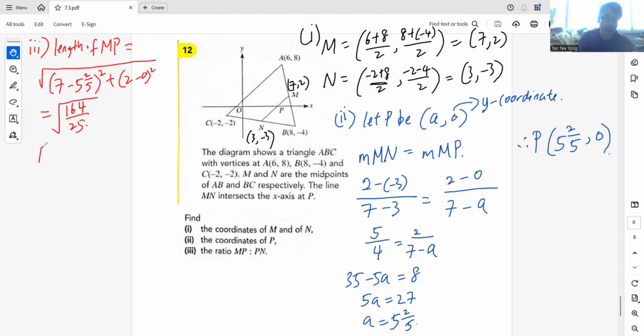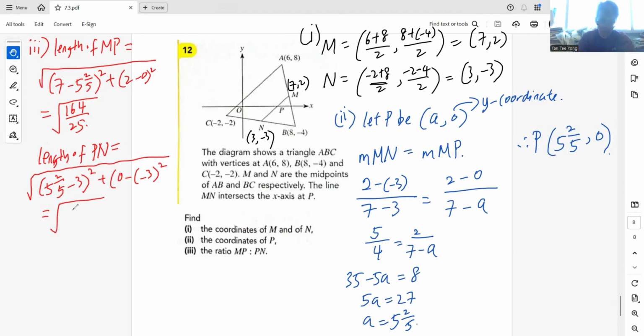Then you need to find the length of PN as well. So square root of (5 whole 2 over 5 minus 3) squared plus (0 minus -3) squared.